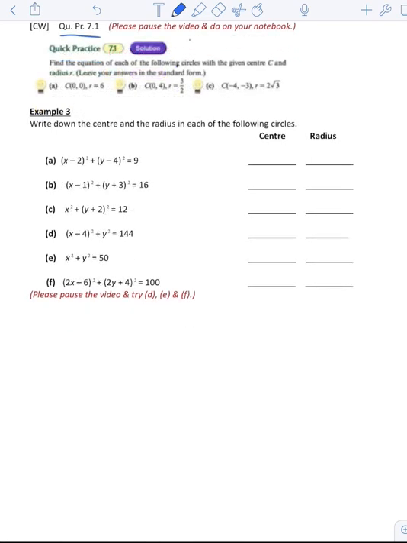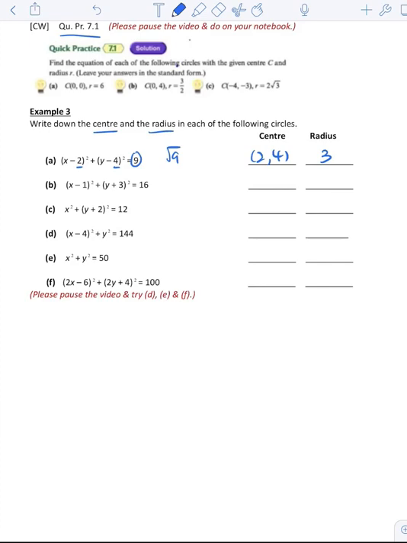Now, let's do an example reversing the process. Here you are given some equations of circles, and you have to find the center and the radius for each case. For part A, you can easily write (h, k) as (2, 4), so the center is (2, 4). And the radius is square root 9, so you get 3.